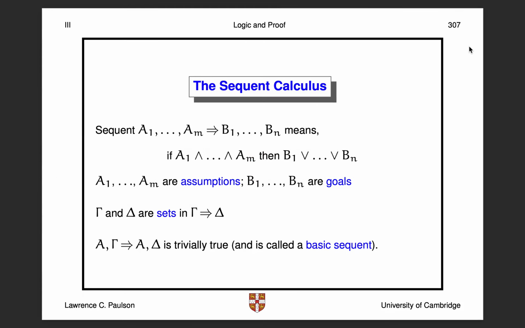We are still staying with Gentzen, however, because he also invented the sequent calculus. The sequent calculus can be seen as a cousin of natural deduction, in which you never have to cross anything out because you never write anything up at the top of the page to be crossed out anyway.